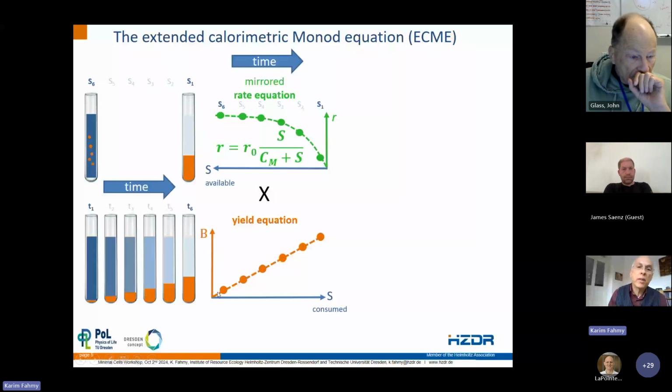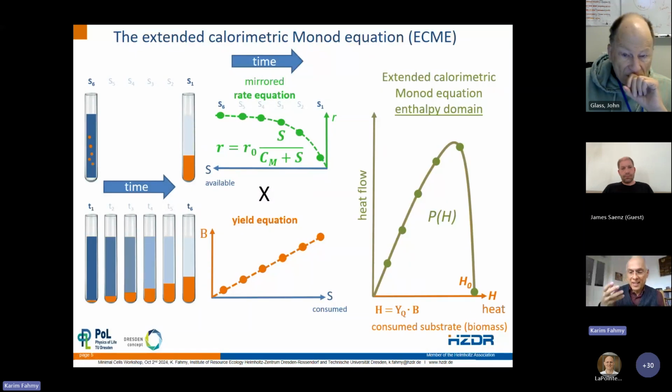Somewhere you have a decent nutrient amount and still decent metabolic activity and a reasonable amount of biomass, so you get a good signal. At the end of a culture growth, you again run into a zero signal because all the nutrients are consumed. Although you have lots of biomass, there's no heat flow because the cells have run out of nutrient. The reason I explain this is to make you familiar with the way we represent such data.